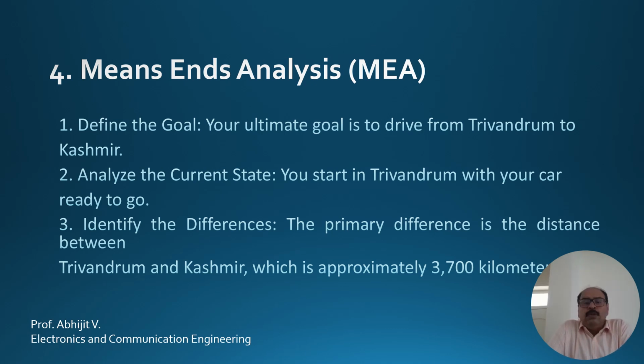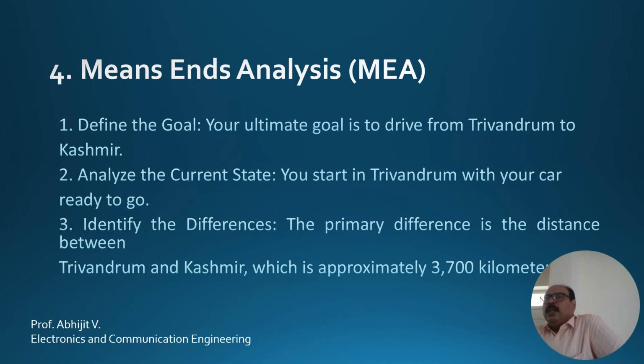Second, we'll analyze the current state. What are you doing, where are you, what are the things that you need to do, what is the mode of travel, and all these things. Then we'll understand the distance. What is the distance from Trivandrum to Kashmir? We'll work out the number of kilometers. So that is how you break this down into sub-problems.